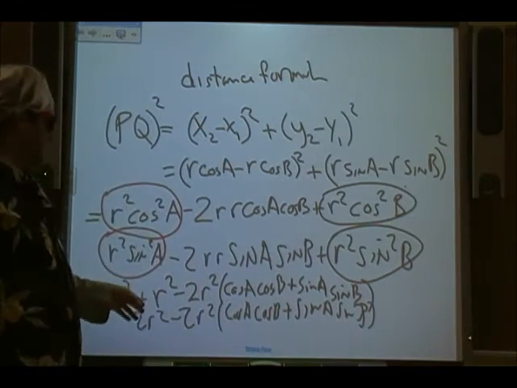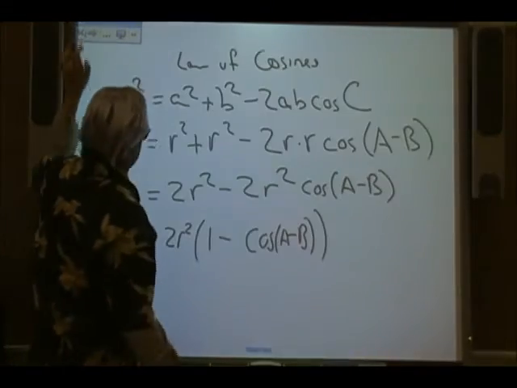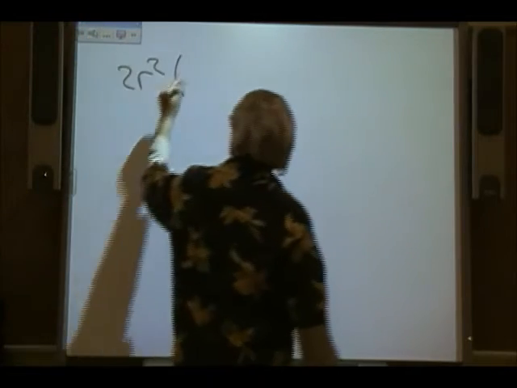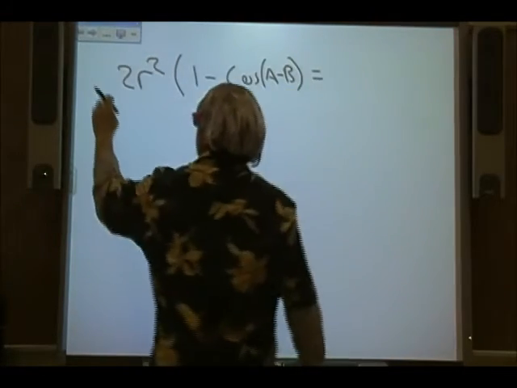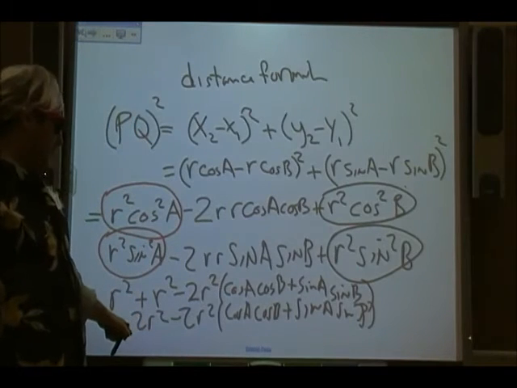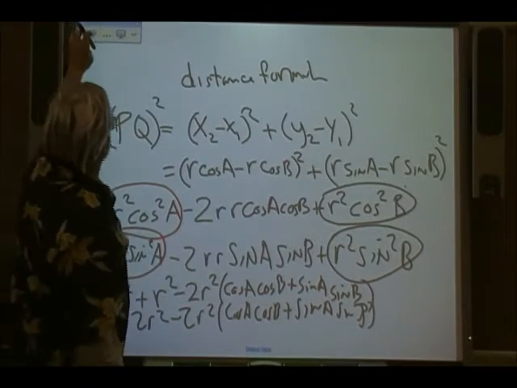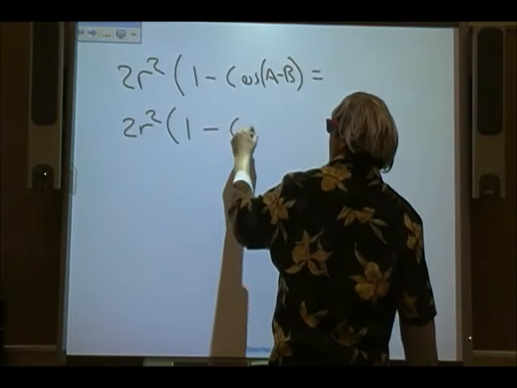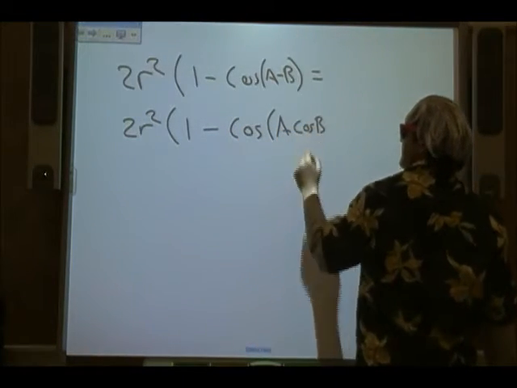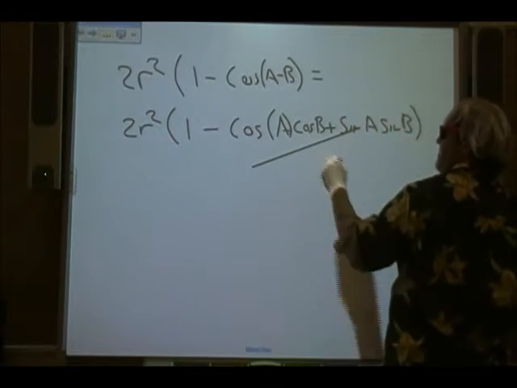So what I can do now is set these equal to each other. So I take this one, which I'll write again: 2r squared times, and it was 1 minus cosine of A minus B. And that is going to be equal to this one, which if I pull out 2r squared, I'm going to get 2r squared times 1 minus all of that: cosine A cosine B plus sine A sine B. I don't know where that mark came from.